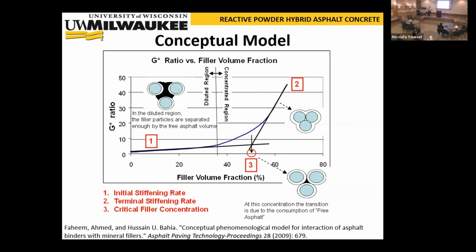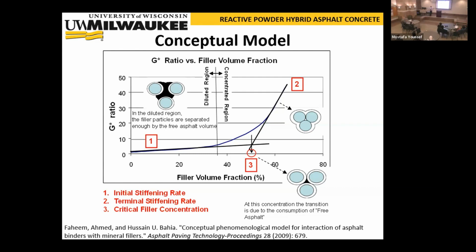You're basically dumping a very expensive product into asphalt, as long as you are within this range, because the behavior will be influenced by asphalt for the most part. So we have to be somewhere close to that concentrated range. The challenge would be that the stiffness, which is the y-axis, could increase significantly, and that's not helpful in asphalt because of workability reasons, because of susceptibility to cracking and so on.